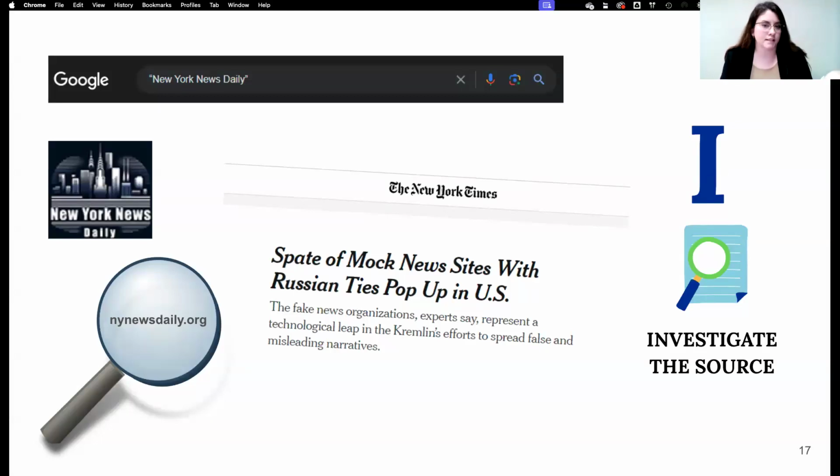So in this case, I did a quick Google search for the New York News Daily. It gave me enough information to determine that this is a problematic source. One of the few Google results that popped up was a recent New York Times article that mentions this site and a handful of other recent sites that have popped up as having Russian ties.